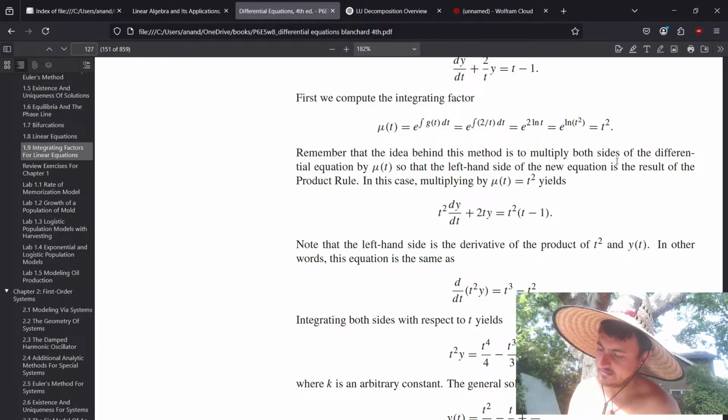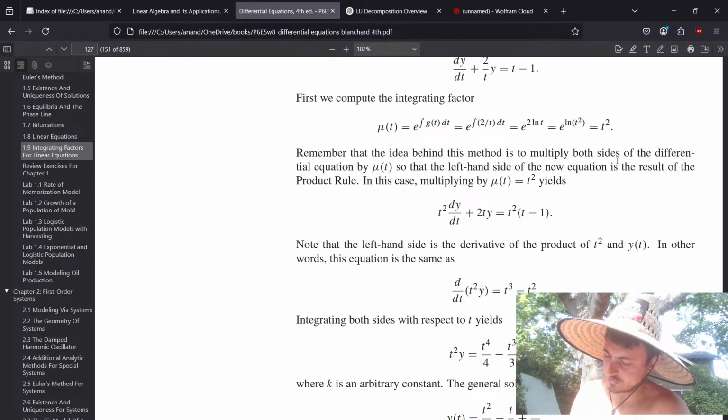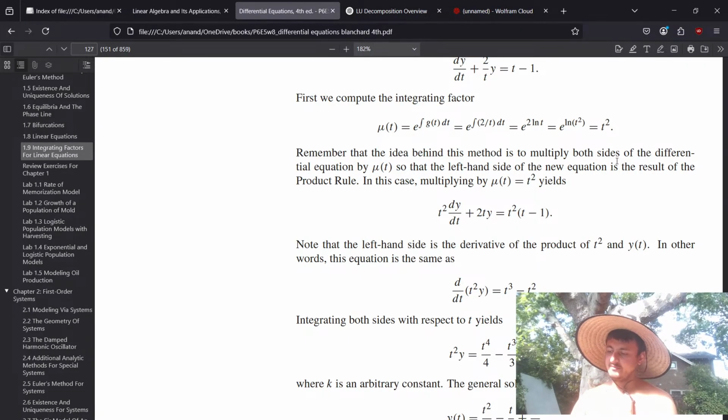Okay, now the idea is that we have this product rule. So we're going to get d/dt of t squared y is equal to t squared times t minus 1. And then we integrate both sides.